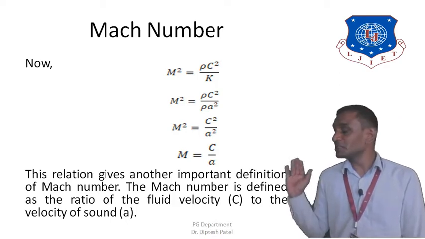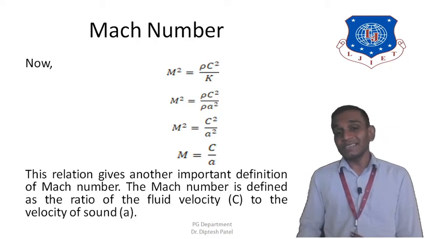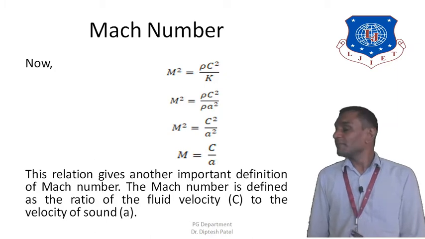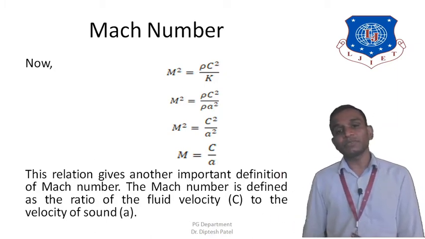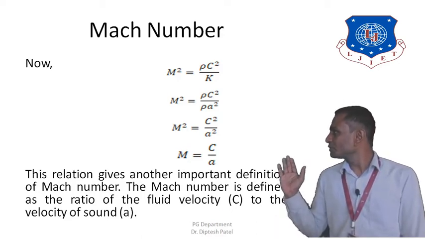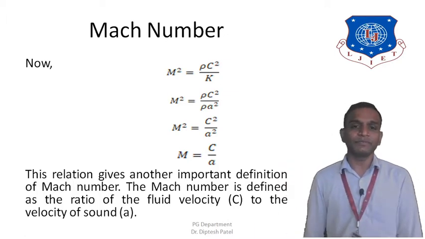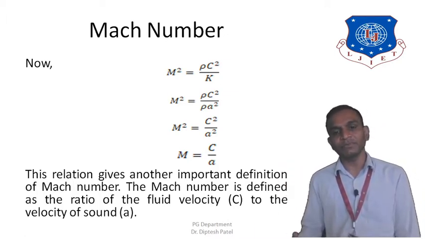This equation teaches us another definition of Mach number: the Mach number is defined as the ratio of velocity of fluid to the velocity of sound. Since we know that capital C is the velocity of fluid and capital A is the velocity of sound, this has been derived from this equation.